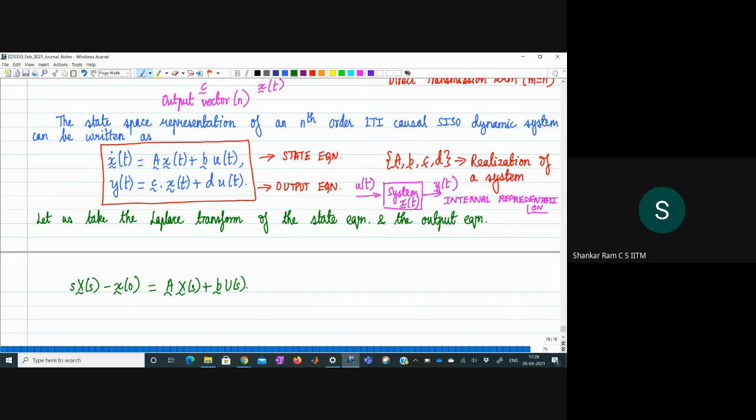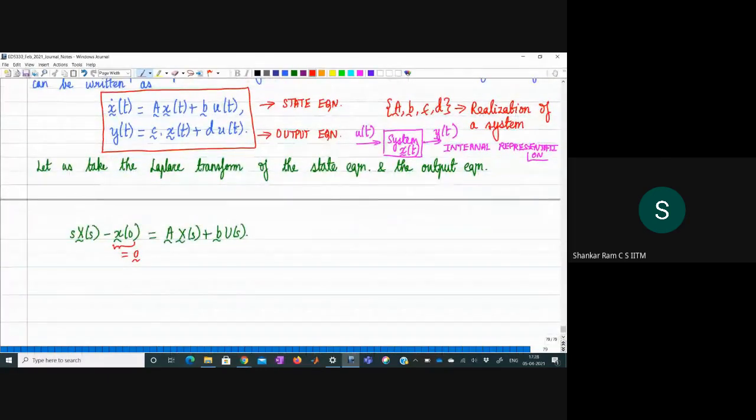Now, because we want to calculate the transfer function, we assume all the initial state variables, the initial conditions, to be zero. It need not be in general, but the definition of the transfer function says that we need to take all the initial conditions to be zero. So now, if we collect the terms of X(s) and rewrite the above equation, we will get (sI minus A).